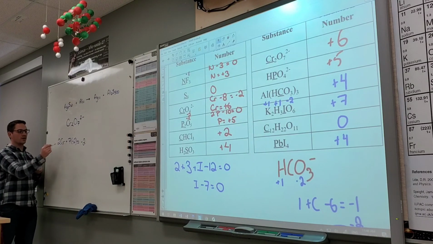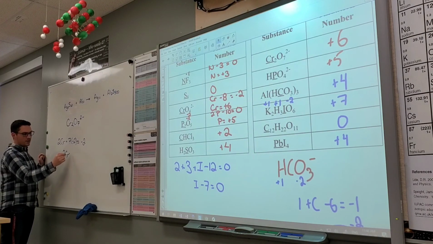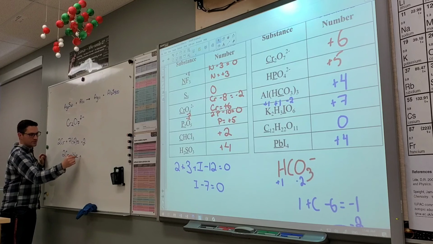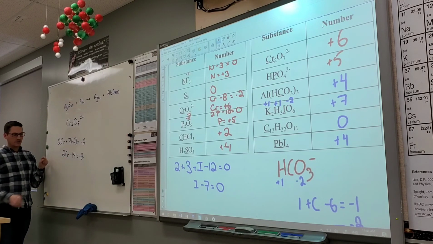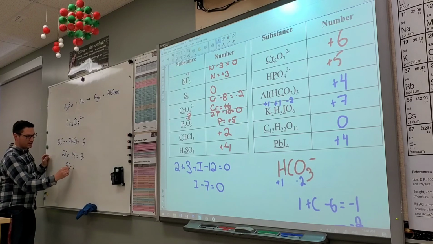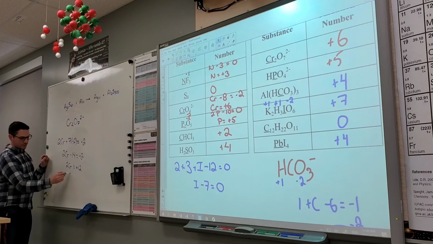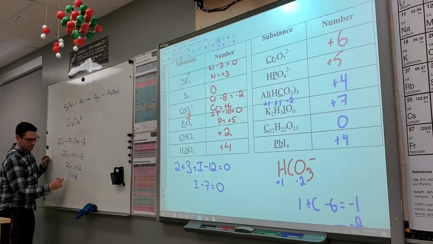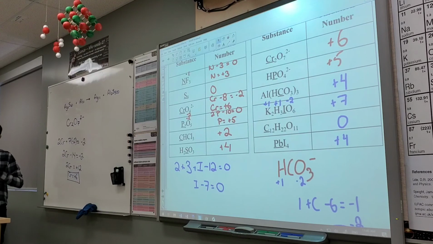So this is 2 Cr minus 14 equals -2. They're just solving for a single variable, right? Add 14 on both sides, so 2 Cr equals +12. And divide by 2, Cr equals +6. Is that okay?